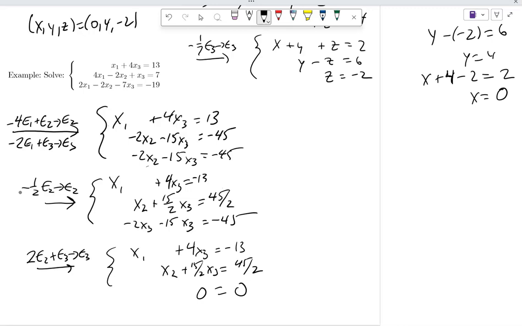If you've had Calc 3, essentially what you've got is maybe 2 planes that have intersected in a line. And then you've got a third plane, but it goes through the exact same line.